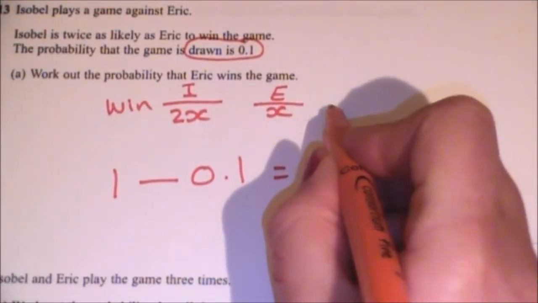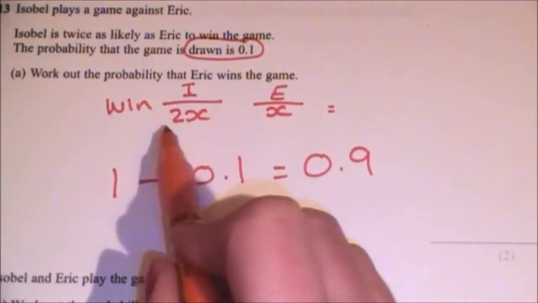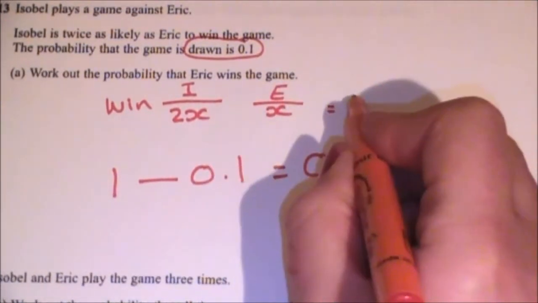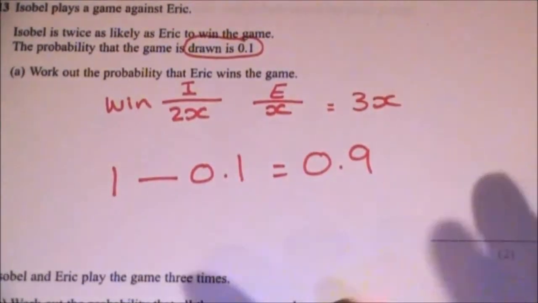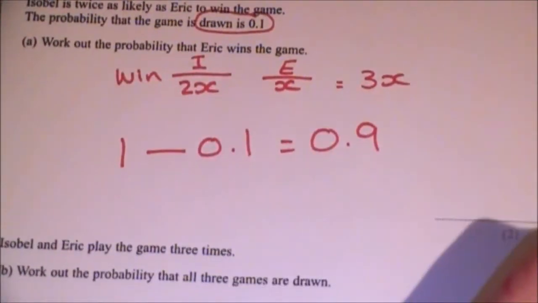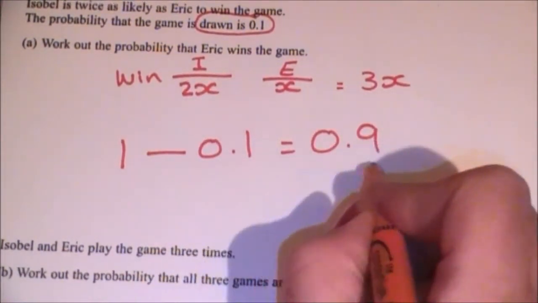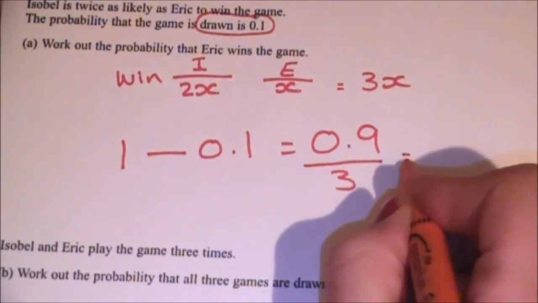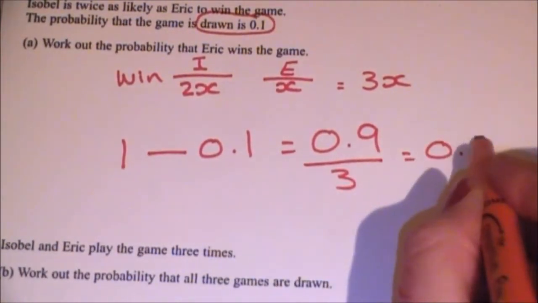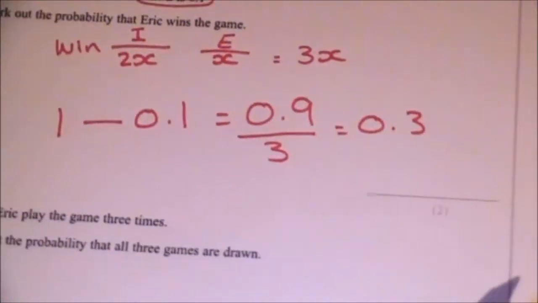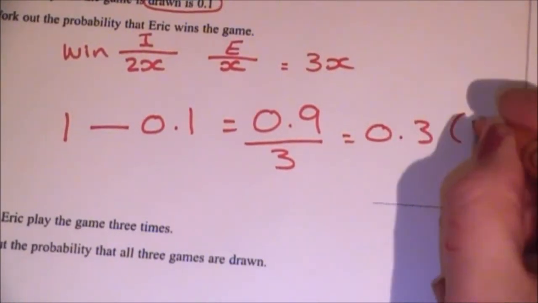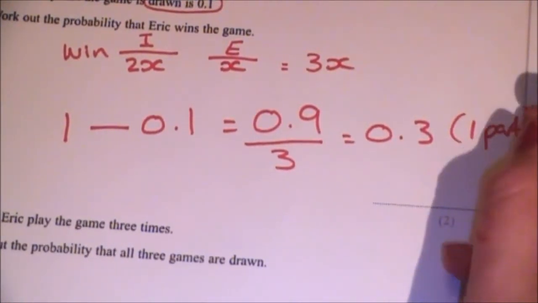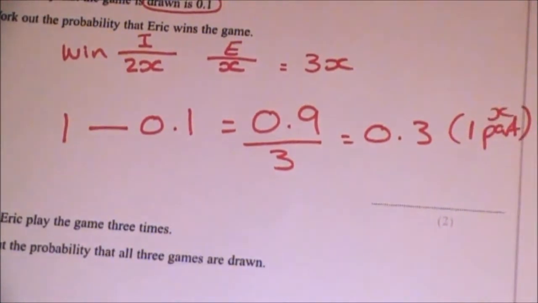Now, with regards to the total probabilities of winning, Isabella's 2x, Eric's 1x. So together, there's 3 sort of parts that need to be considered. So this probability of 0.9 needs to be divided between those 3 parts, which gives you 0.3 probability, which is really 1 part, or as I've called it above, 1x.